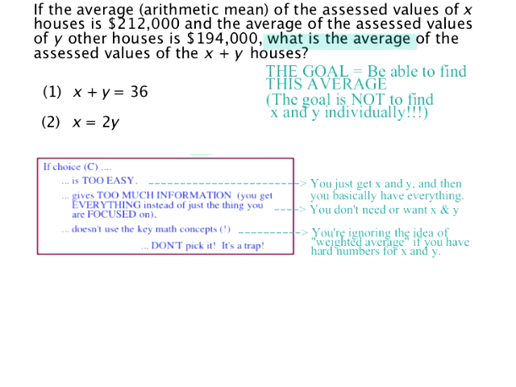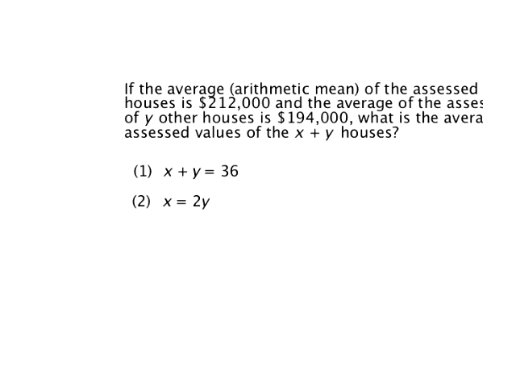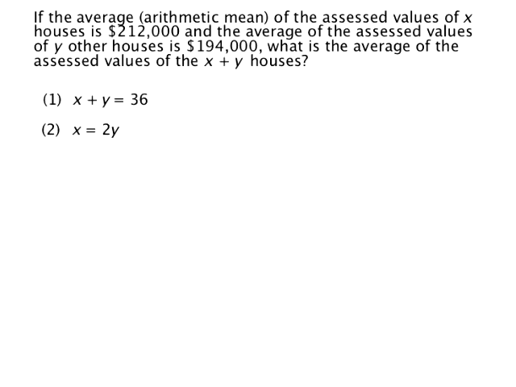Notice if you have intuition about these numbers, you can also shortcut the process of statement 1. Look at statement 1 here. Remember what the goal is, don't forget. If there can be two or more different average prices, that's not sufficient.